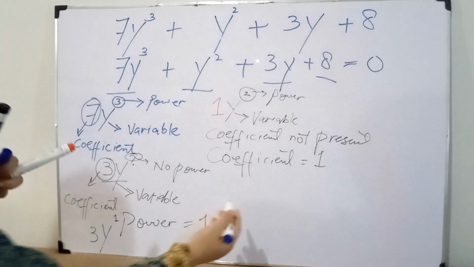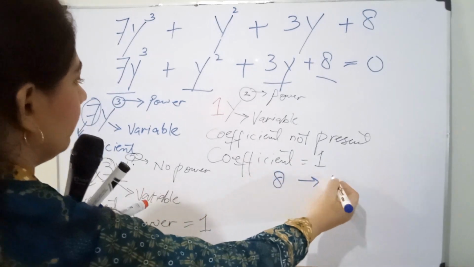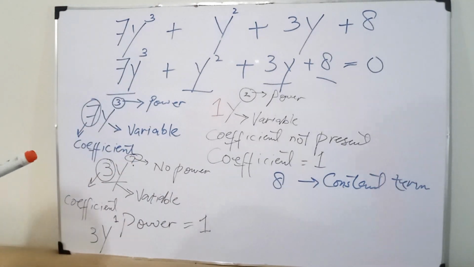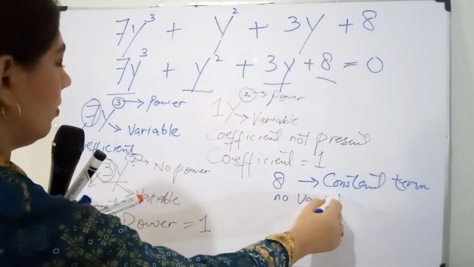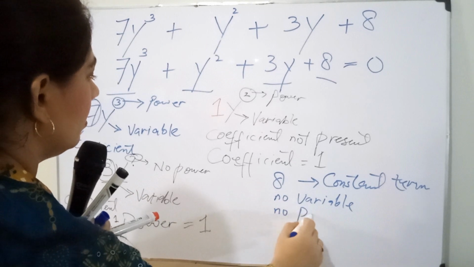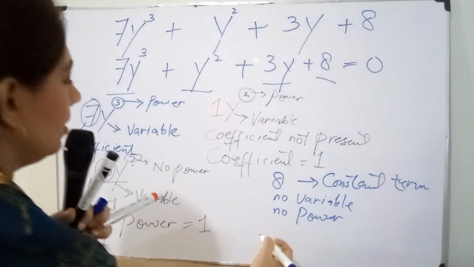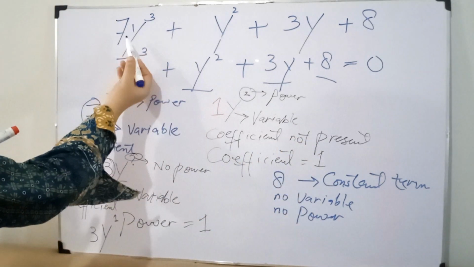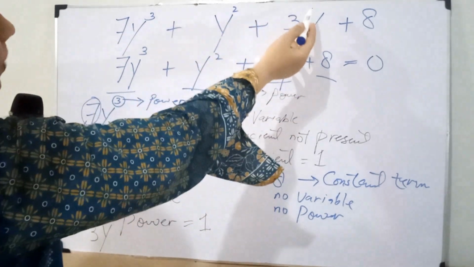The last and fourth term, 8, we call the constant term. In the constant term, there is no variable and no power. What does it mean? It means the variable of the equation is y. Everywhere you can see y cube, y square, y raised to 1.